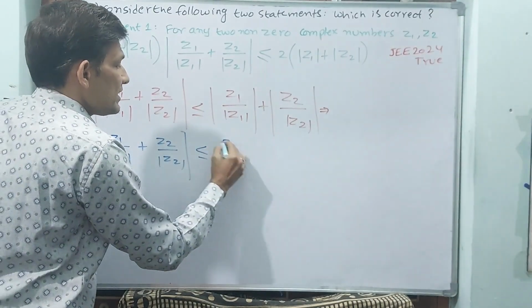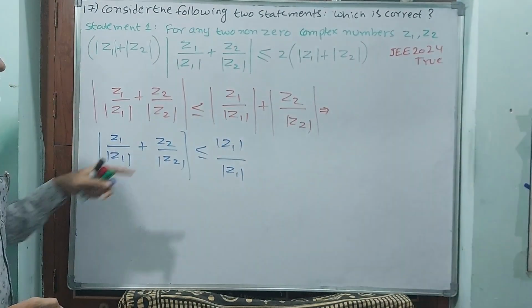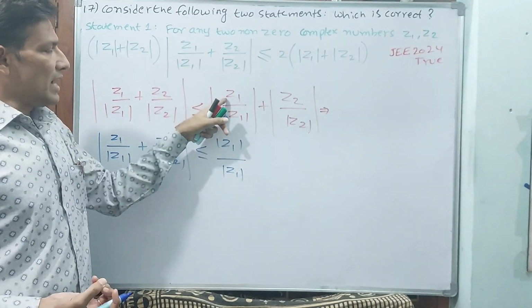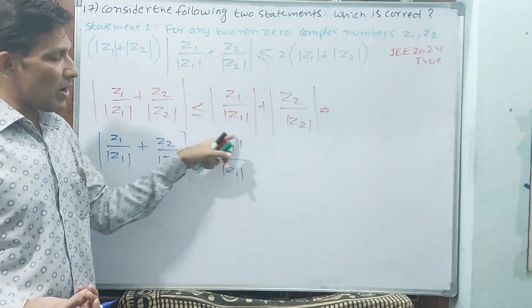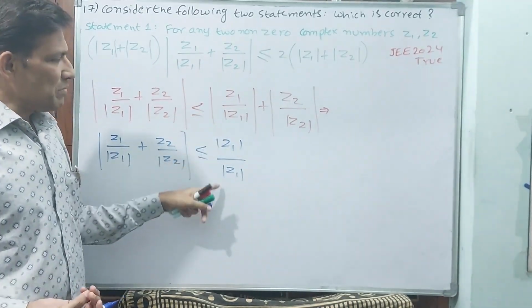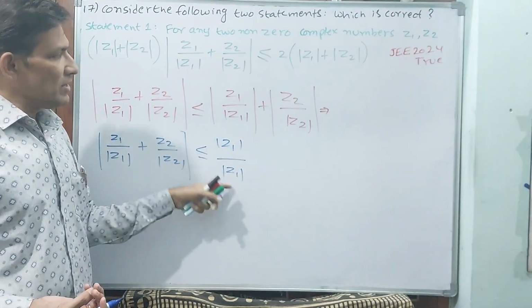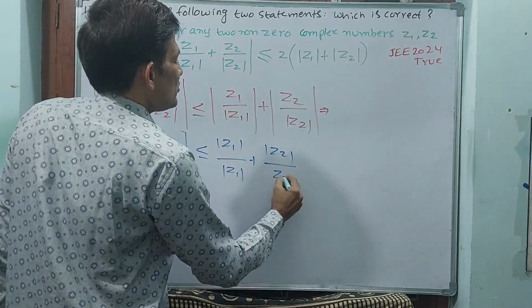Now I am splitting even the numerator and denominator also. Because if I split, automatically the outside modulus is not required. Earlier only this was in modulus, so I kept an outside modulus. But now I have split this, so I did not write the outside modulus. Already modulus has come. Plus modulus Z2 by modulus Z2.